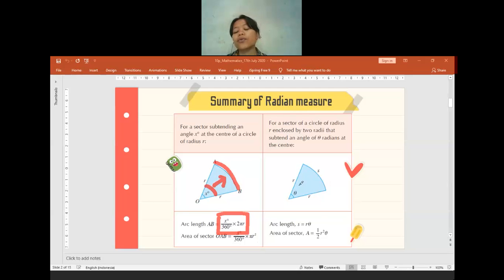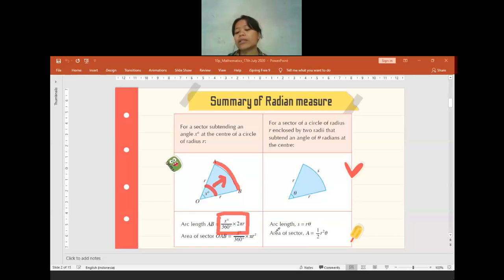But later, if you have the angle given in the radian unit, you will just use the formula that is already simplified, r times theta. Last time I already told you how to get this formula. I'm not going to repeat it again. You can check it from the class recording on Monday or Tuesday.